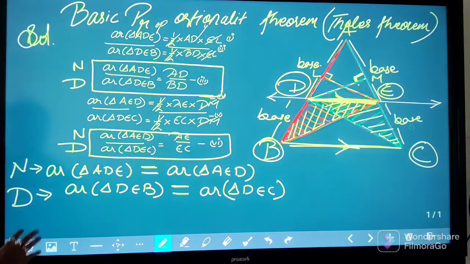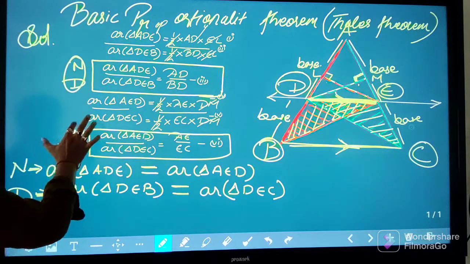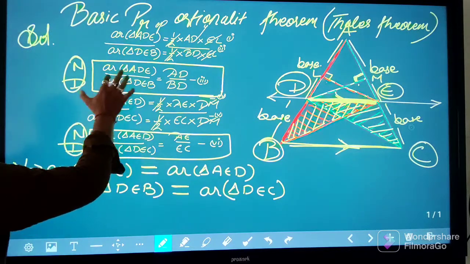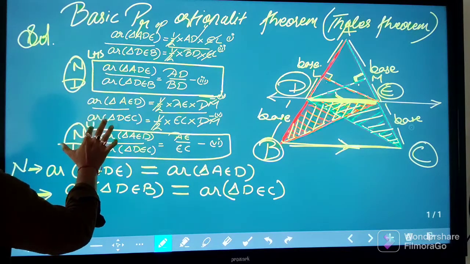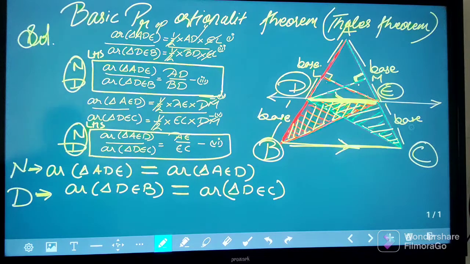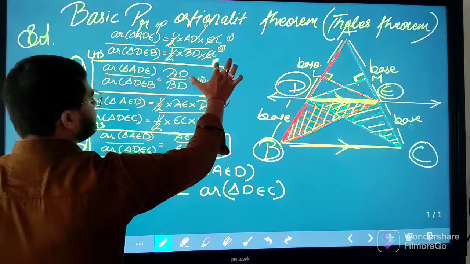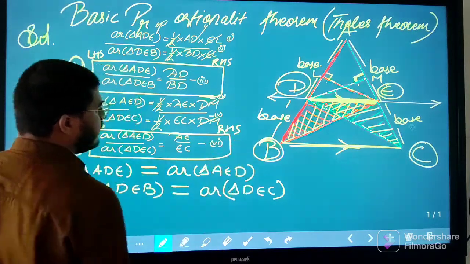So now you can see that the numerator and denominator are both equal. When the numerator and denominator of the left hand side, LHS, of both of them are equal, the RHS will automatically become equal.